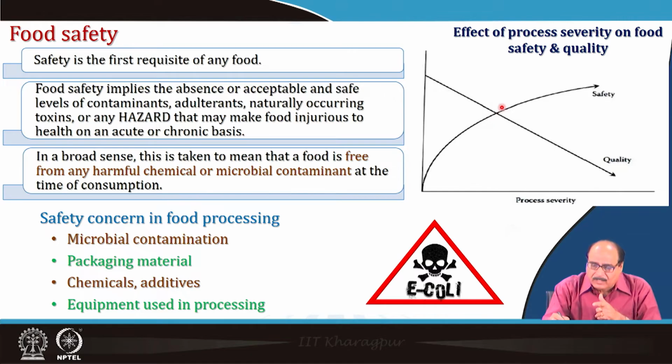So, in processing one has to make a compromise and find the particular severity level or combination of process parameters where you can get a food which is of good quality as well as safe for consumption.